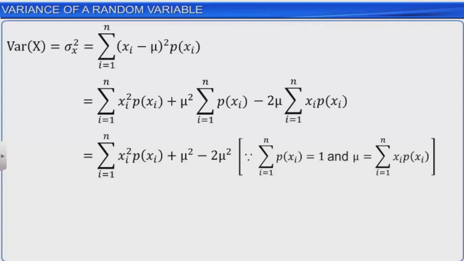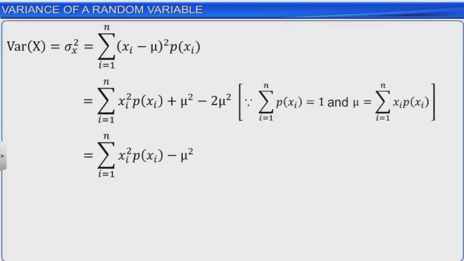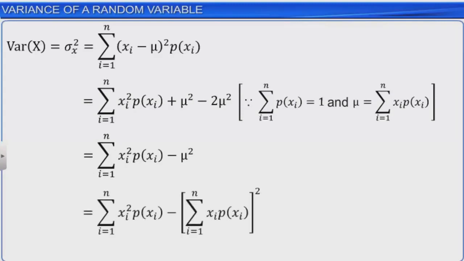On substituting the formula of mu, we get this expression. Let's represent it in its function form. Therefore, the variance of x is equal to E of x squared minus the square of E of x. This is the alternate formula to find the variance of a probability distribution.